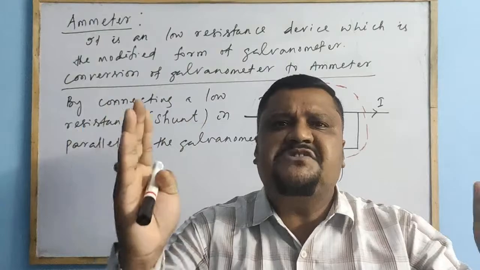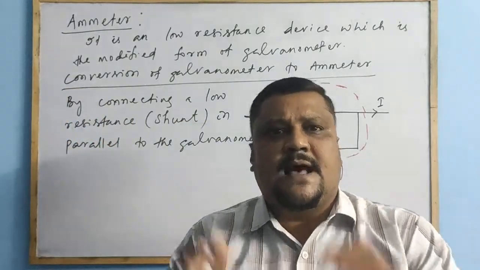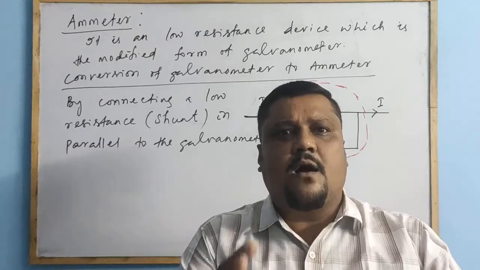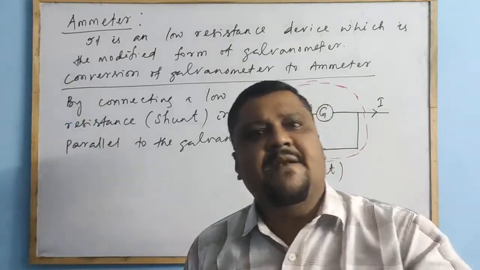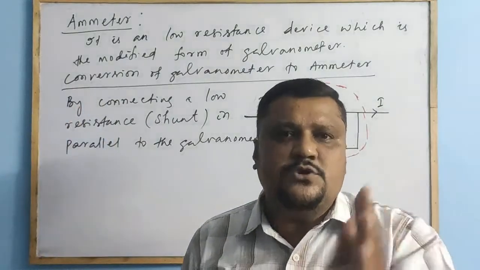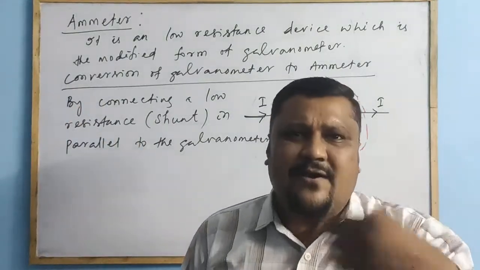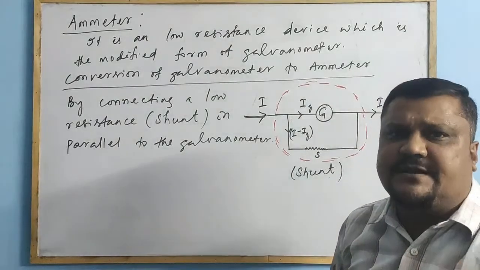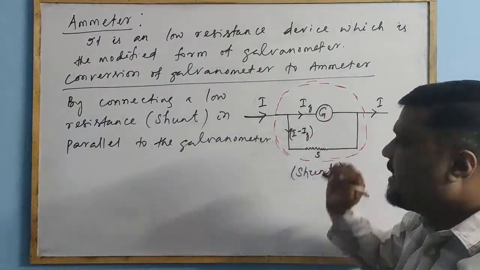Suppose I want to measure 0 to 5 ampere current, the ammeter is different. Suppose I want to measure a current of 0 to 100 ampere, the ammeter is different. So to measure different ranges, we use different ammeters, and accordingly the shunt resistance is also different. We can change the shunt resistance, which is connected in parallel.